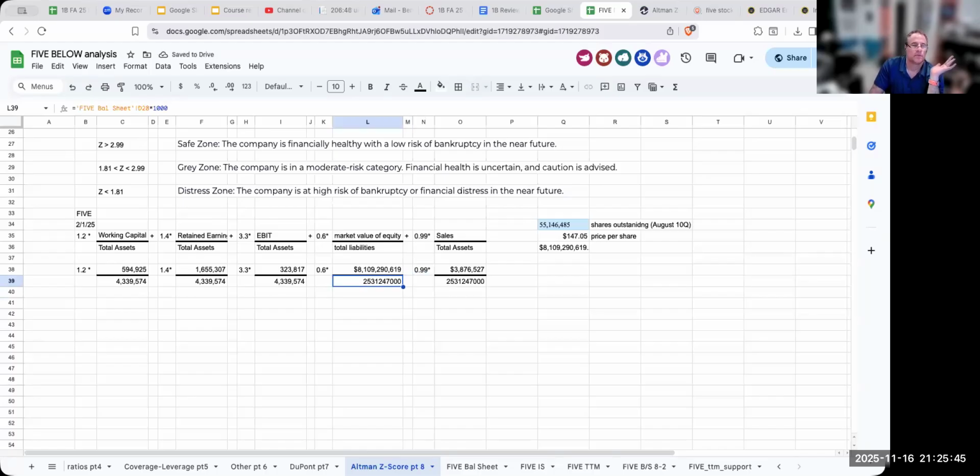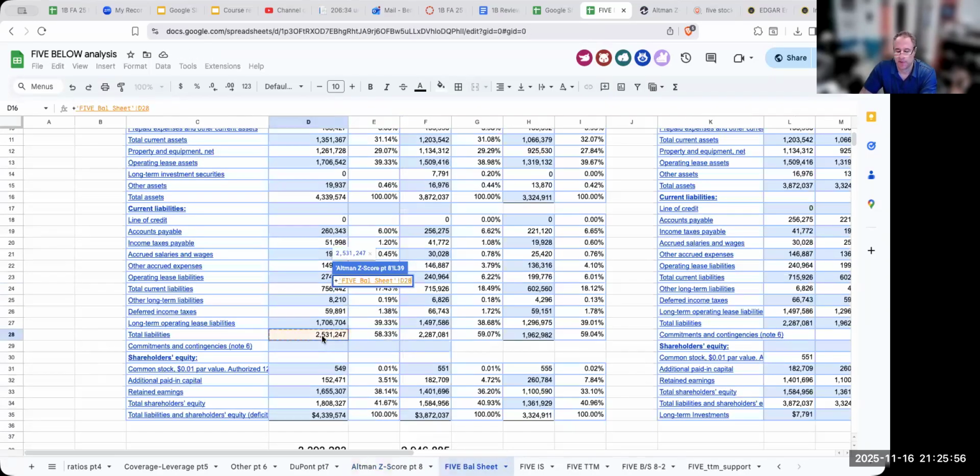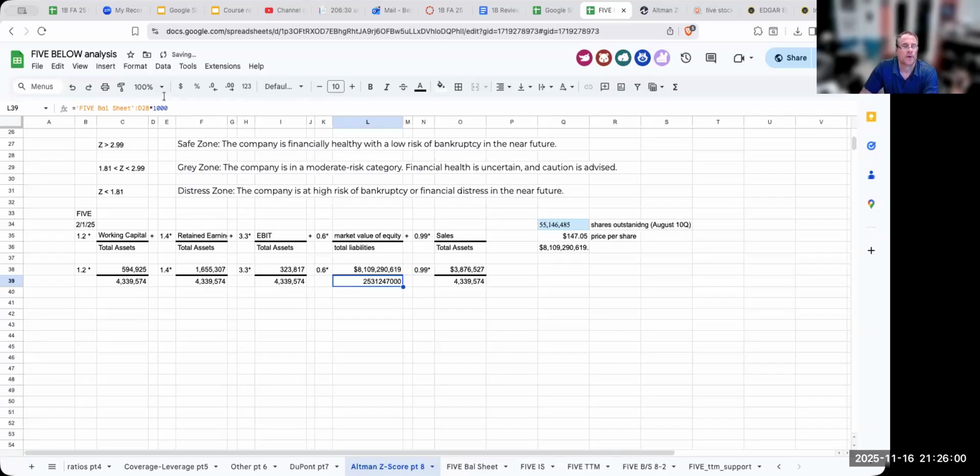Total assets should be here. This should be my 5 Below balance sheet total liabilities times 1,000. And there we go.